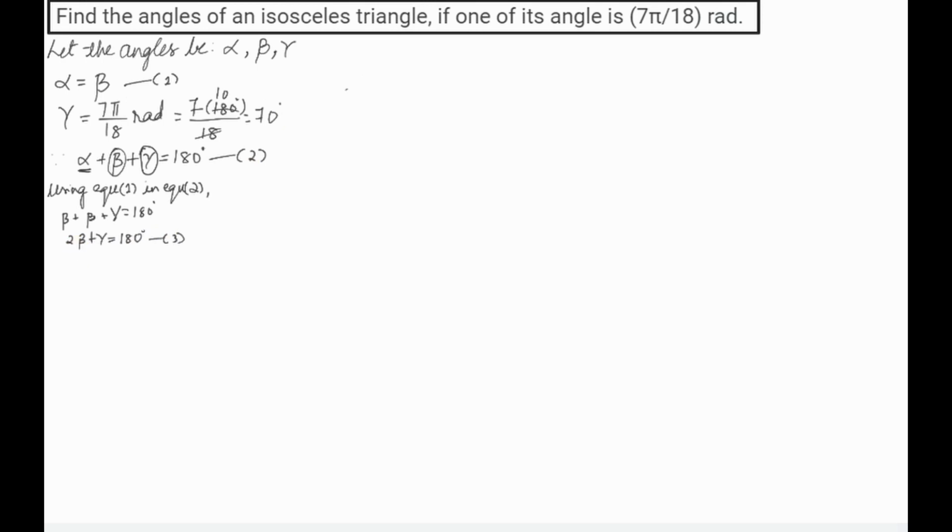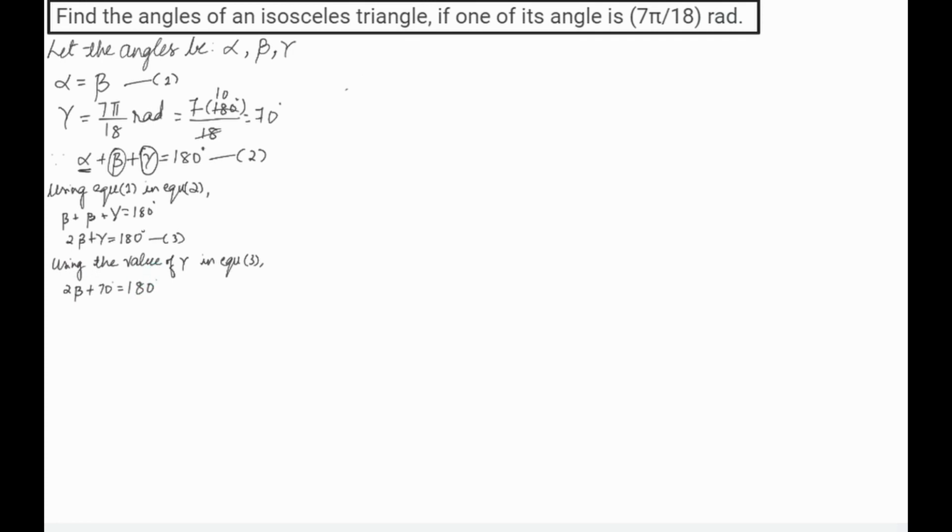So using the value of gamma in equation 3, we get 2 beta plus 70 degrees is equal to 180 degrees.